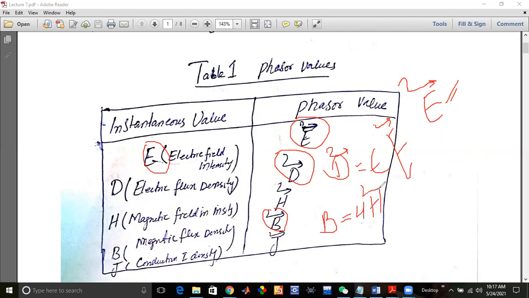Mu is known as permeability. Epsilon is called permittivity and mu is called permeability. So D is equal to epsilon E, and B is equal to mu H. And J is the conduction current density.